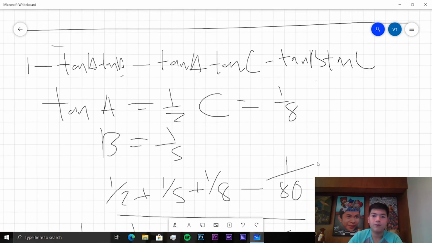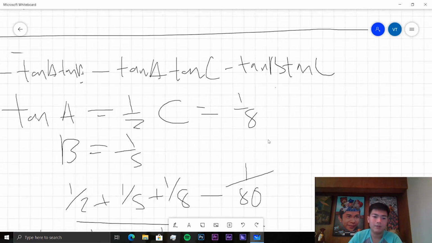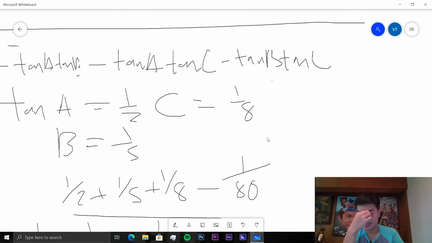Okay. If we know all of these are acute angles, that means that if we add the three together, actually, are there two possible answers? I think there should be two answers. Oh no, but they're acute. Is it possible?